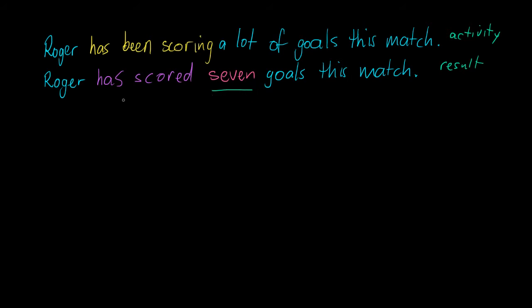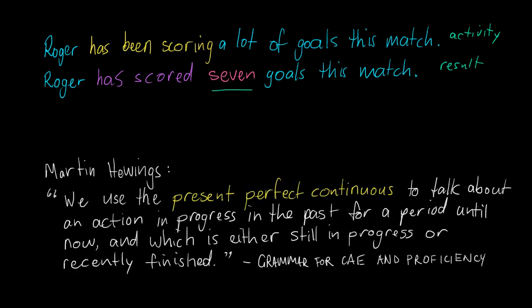Normally that would be used with the present perfect simple when we're indicating a number of something, number of books written, number of goals scored, and so on. So by using the present perfect continuous here, the emphasis is more on the activity than the result. This is a very fine line, and some people have trouble. But you could basically look at the number of items that have been indicated, which would suggest present perfect simple.